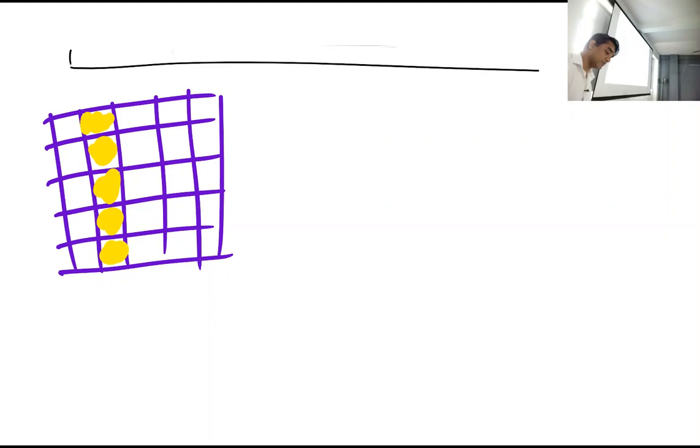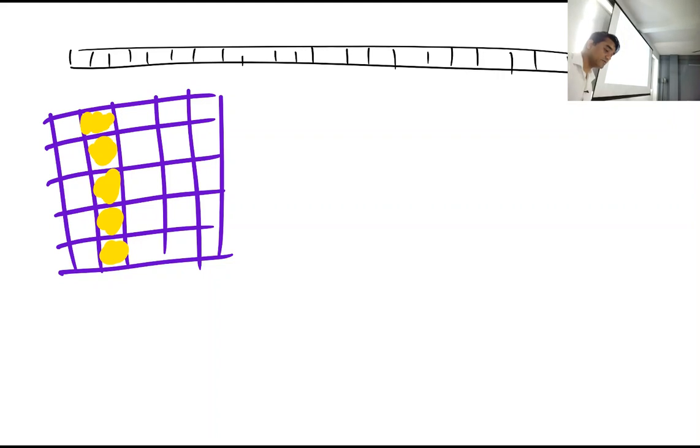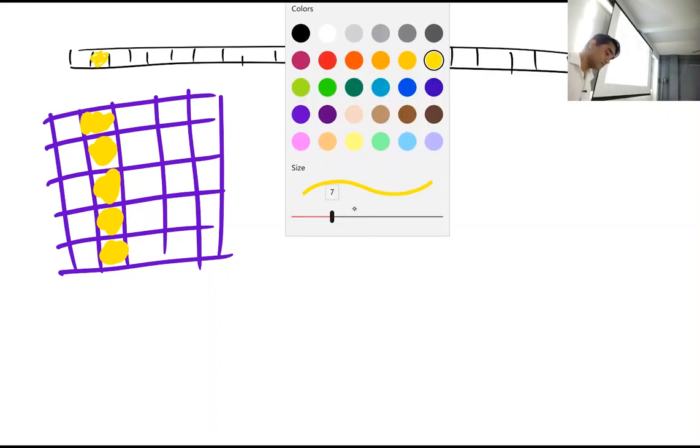1, 2, 3, 4, 5, 6, 7, 8, 9, 10, 11, 12, 13, 14, 15, 16, 17, 18, 19, 20, 21, 22, 23. Let's say 25, right? Now, when I convert this to a 1D array, I need to look at which pixel now? First pixel, second pixel, then first, second, third, fourth, fifth, sixth, seventh.